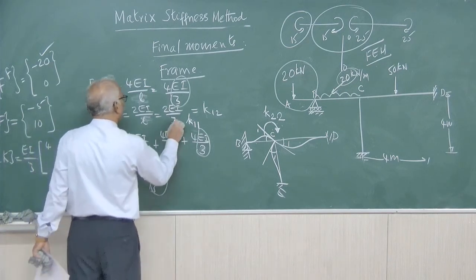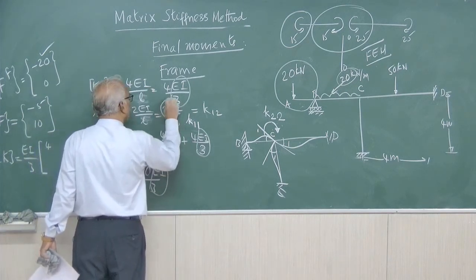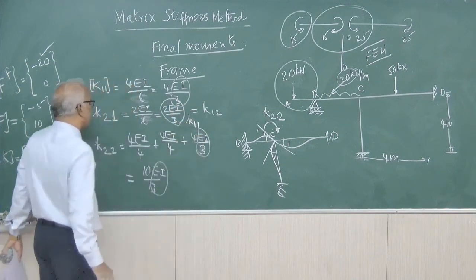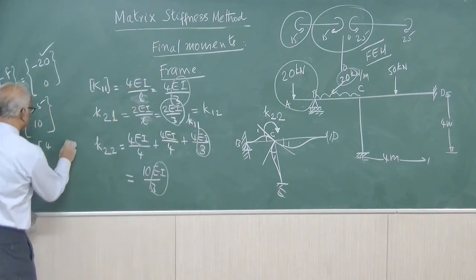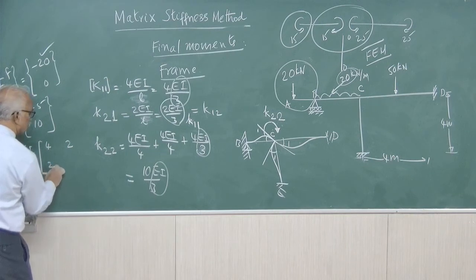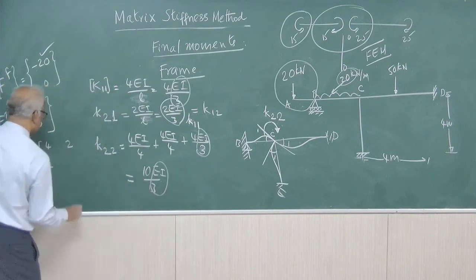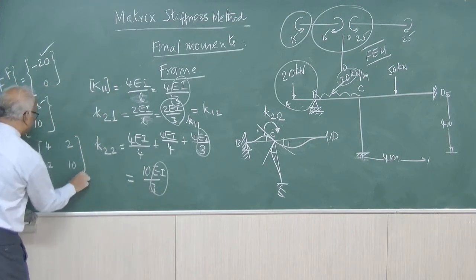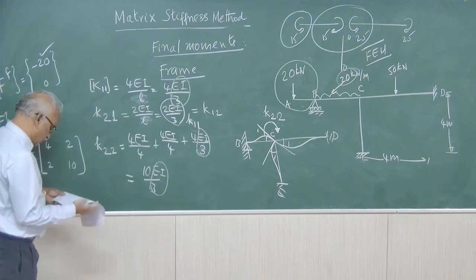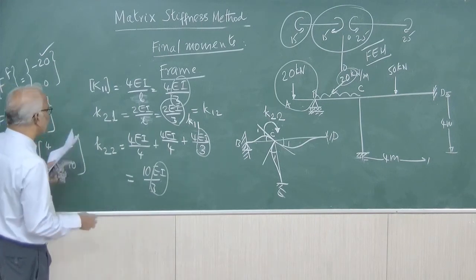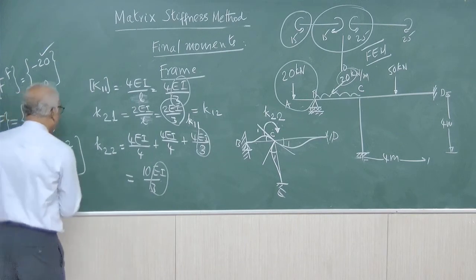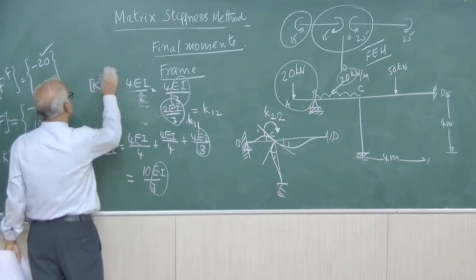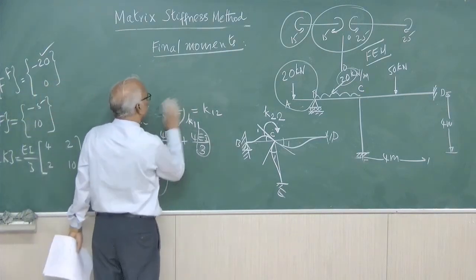K21 equal to K12 equal to 2EI by 3. So, EI by 3 we have taken outside, this is 2 and this is also 2. K22 is, this is 10. So, 4, 2, 2, 10 is the system stiffness matrix.